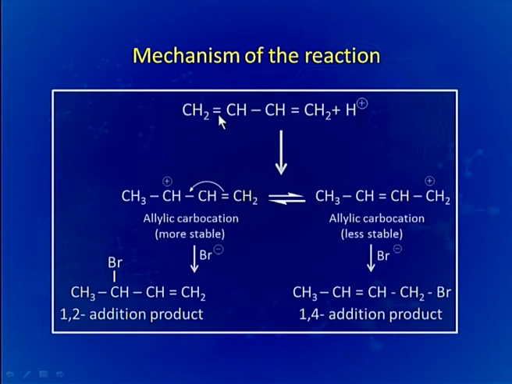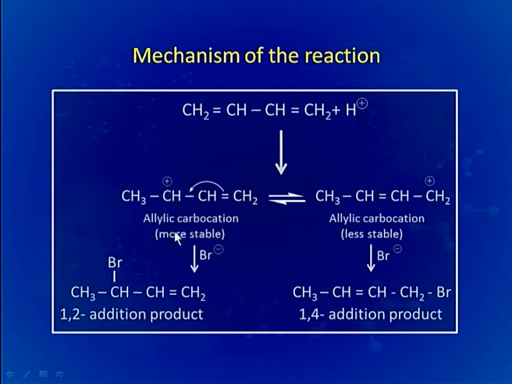So, therefore, electrophilic addition reaction starts and this H plus is being added here and C plus is generated here. So, this is allylic carbocation. This can be converted to another form of allylic carbocation where carbon plus is here due to movement of this pi bond from here to here.